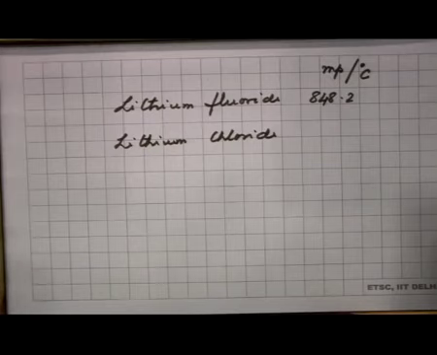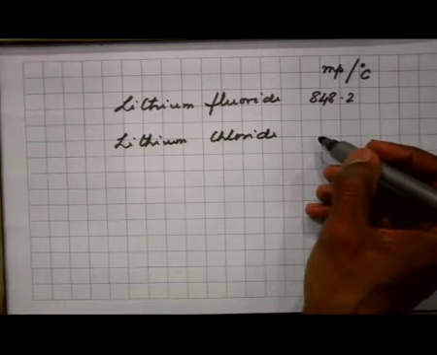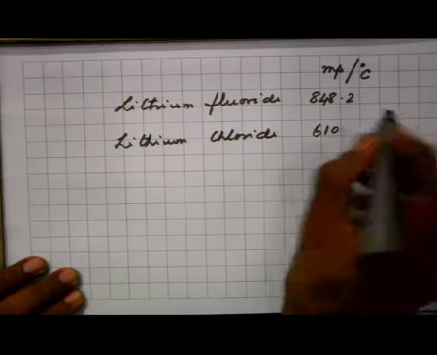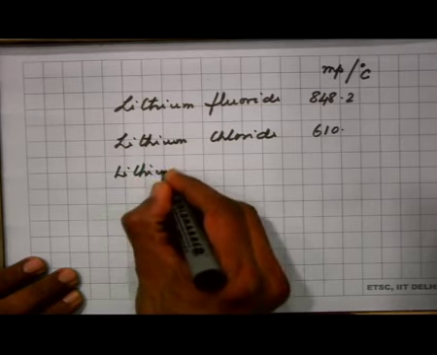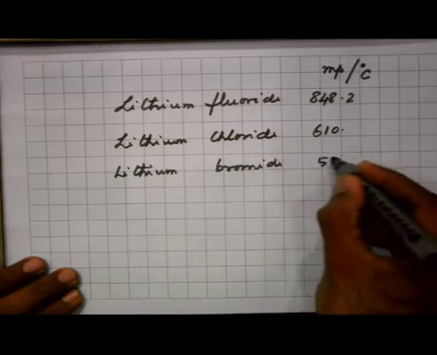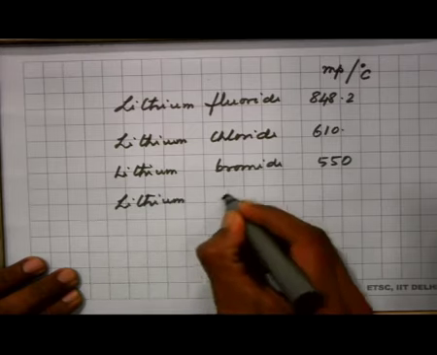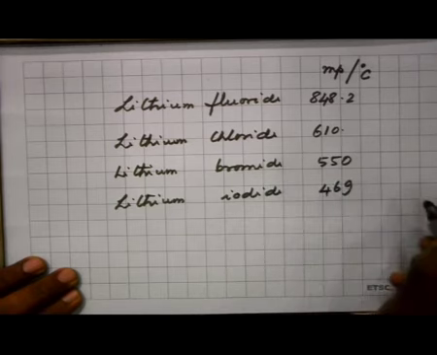So, you expect that the interaction between lithium and chlorine would be smaller than the interaction between lithium and fluorine. As a result, we expect that the melting point of lithium chloride would be smaller, and it turns out to be 610. Now, you can go down this group and you will see that lithium bromide has a melting point of 550 and lithium iodide has a melting point of 469.